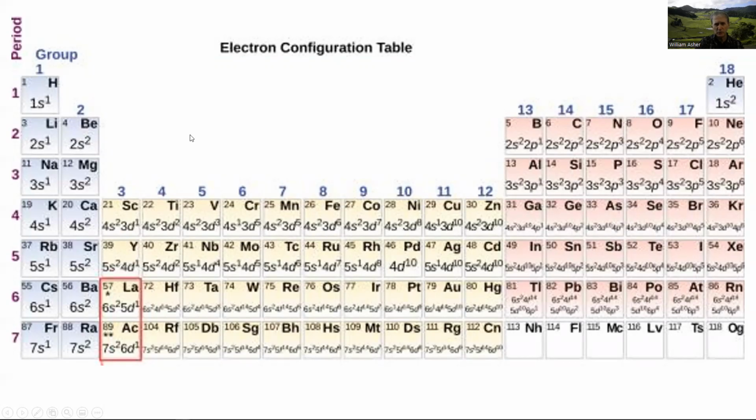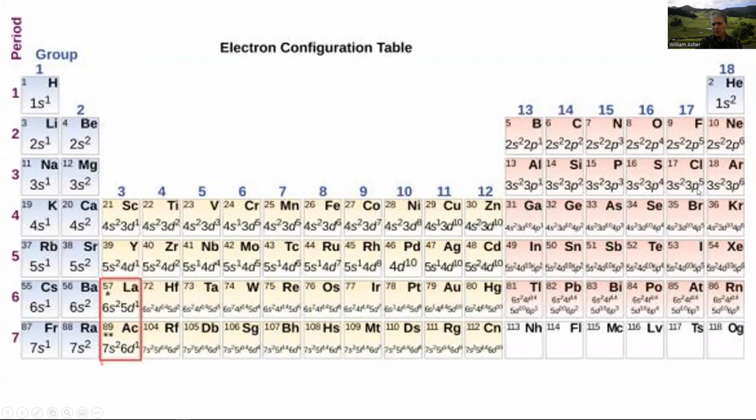Oxygen has 2 in the 2s orbital, and then 4 in the p orbitals, 1, 2, 3, 4. And what you see is that the electronic configuration in the outermost electrons is the same going down a column. Fluorine has 2s2, 2p5.